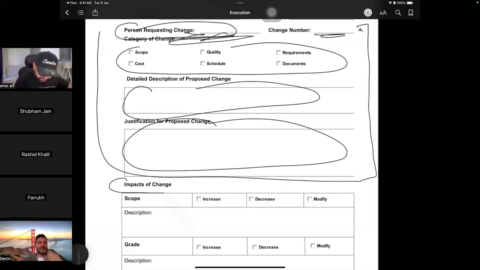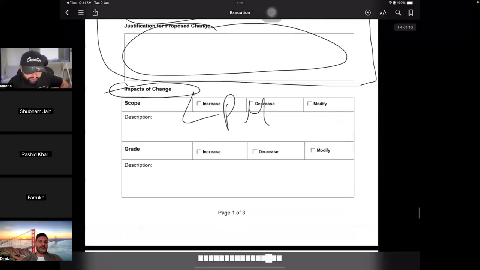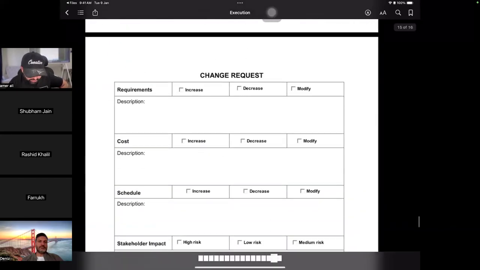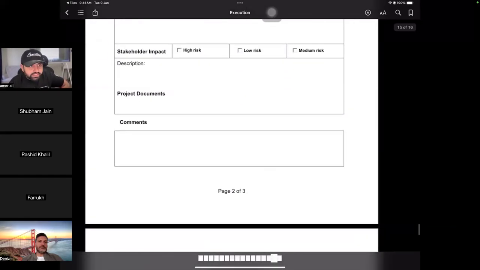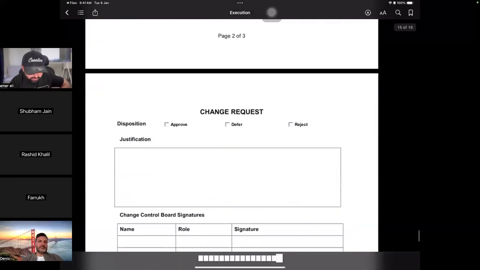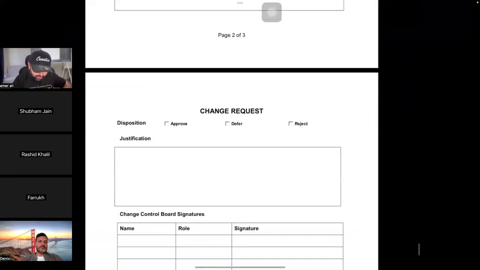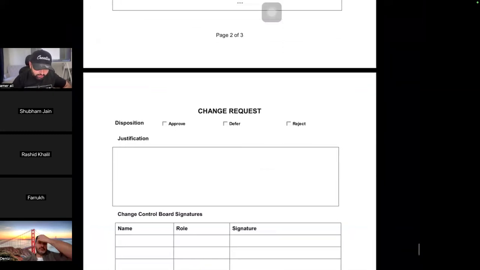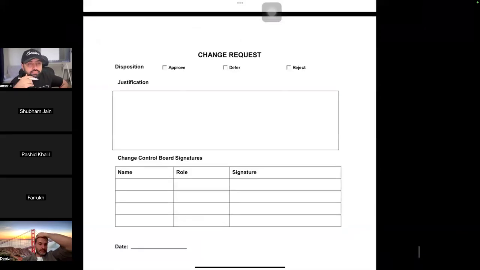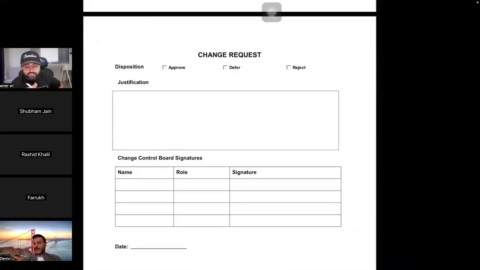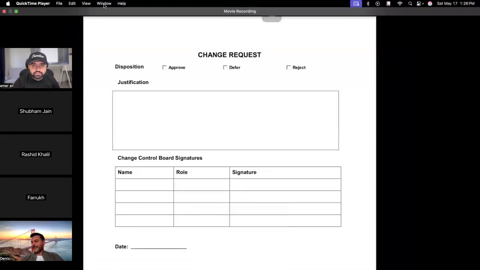Now this part, the project manager is doing impact analysis on scope, schedule, cost, all the things. After the impact analysis and the reason for it, he gives it to the change control board. Now this is what the change control board is doing on this page. I hope that makes sense. Thank you.